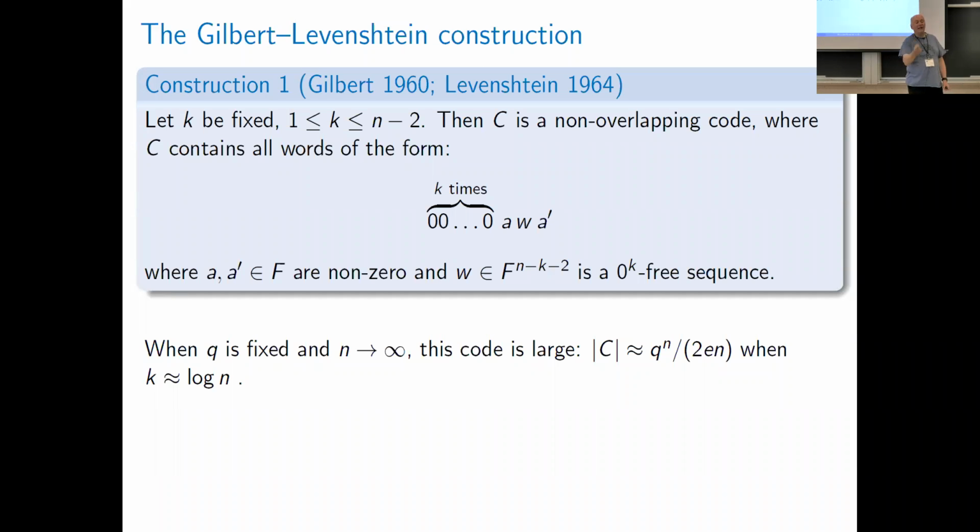The point is that log n is long enough in terms of the bunch of zeros, so that the restriction on what w is going to be is relatively small, relatively minor. It's quite a minor condition to be 0 to the k free when k is about log n. So the point is you've got these two balancing things.